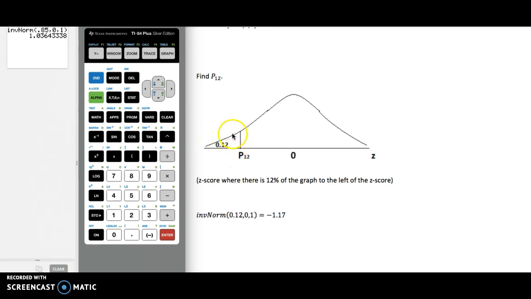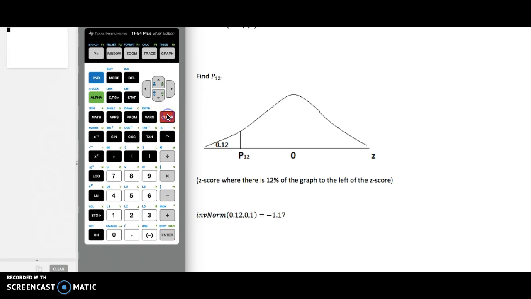So if you have 12% over here, or 0.12, the leftover 88% is going to be over here, right? Because this area to the left and the area to the right have to add to the number 1. And so here is the mean, 0, and your percentile is over on the left side of the graph. So that tells you that your z-score, your percentile, is going to be a negative number.